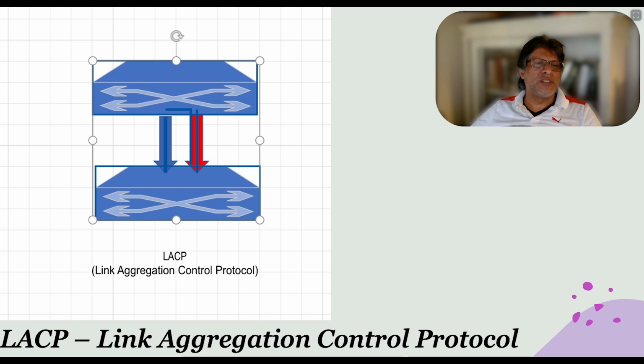So instead of, let's say, 1 gig each, this would now become a 2 gig connection. You could go up to 4 ports and connect 4 ports together in an LACP configuration, which will give you even a 4 gig connection, which is 1 times 4, so 4 gigabits per second throughput. If it's a 10 gig port, even better, then you'll get up to a 40 gig connection between the two. So that's the idea behind the LACP protocol.